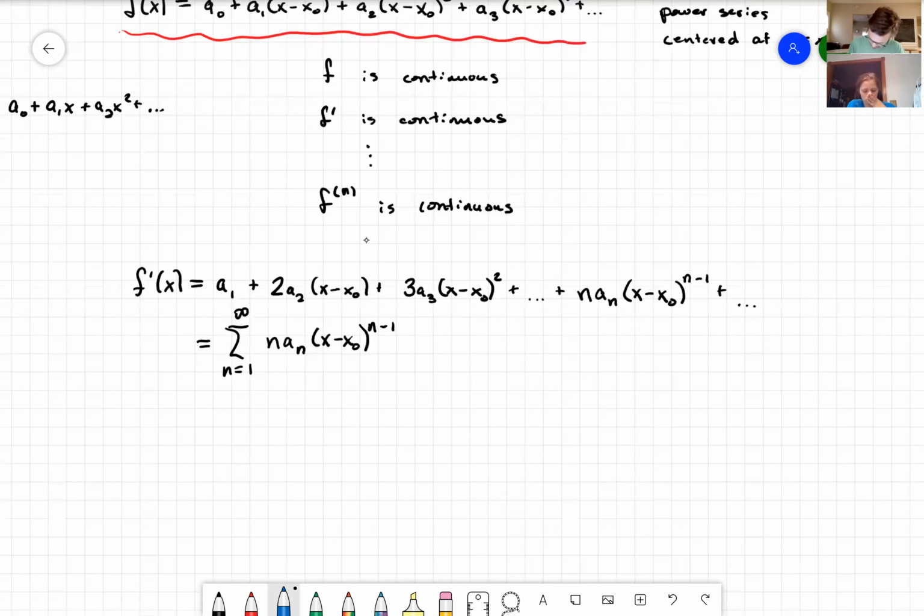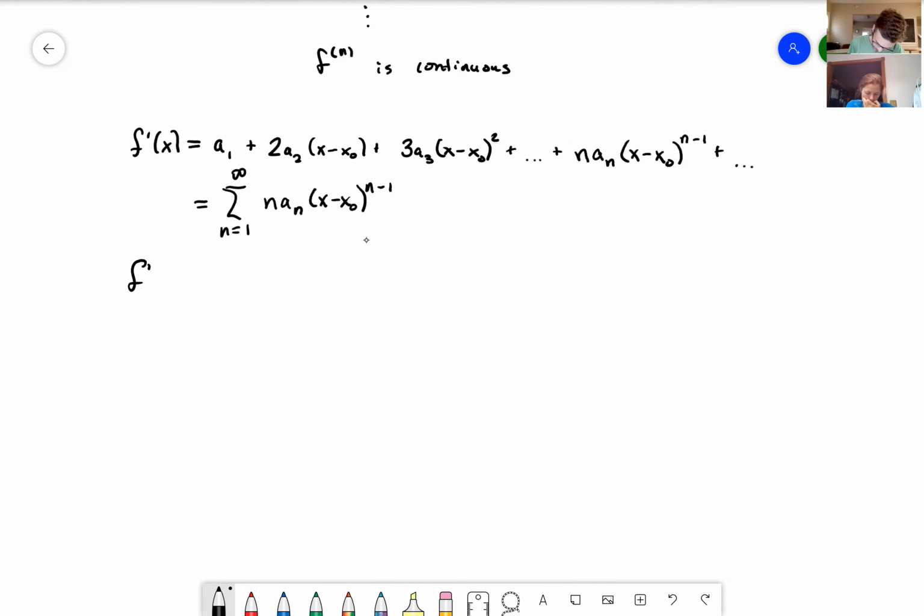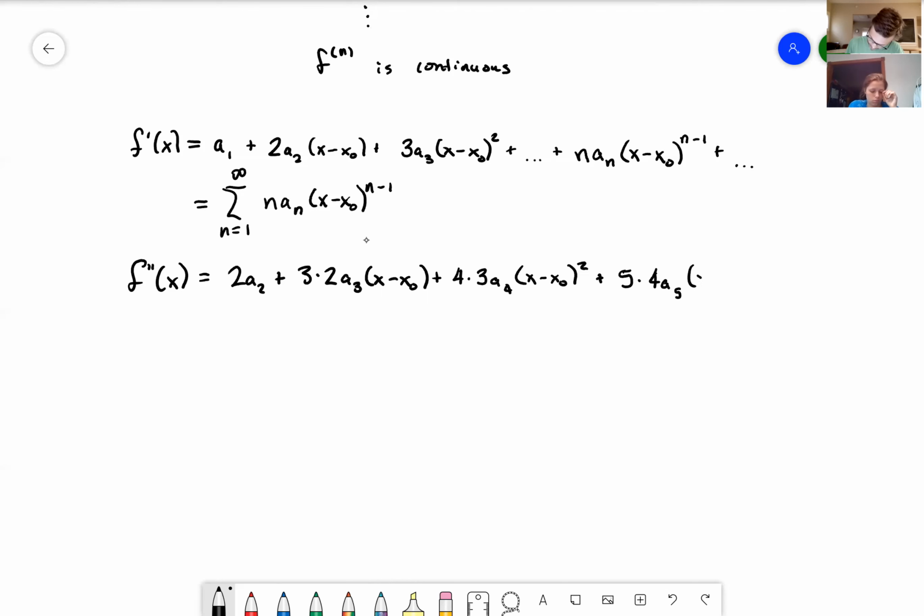Okay, so in a similar way, we can get the second derivative. The second derivative of f will be 2a2 plus 3 times 2, a3 times (x minus x0), plus, and now we didn't write down the next term, but when we took the derivative, we would have a 4 times 3, a4, (x minus x0) squared plus 5 times 4, a5, (x minus x0) cubed plus dot, dot, dot.